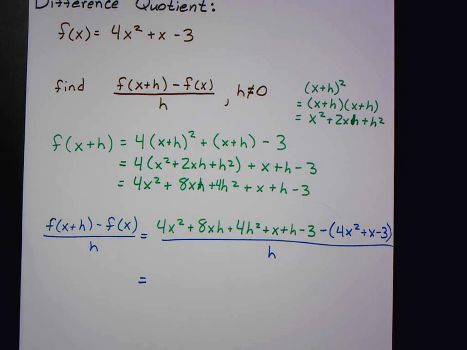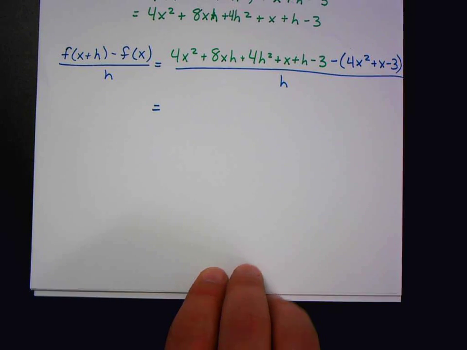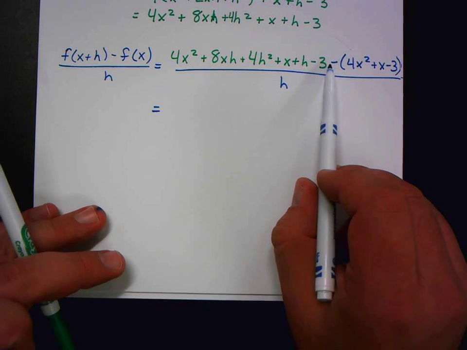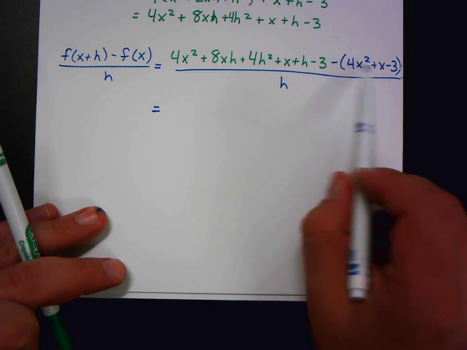Now, you can do your subtraction of your function however you would like to. Some people like to distribute that negative sign inside there and change all their signs. That's fully up to you. You just have to make sure you subtract each thing. Be very careful about that.